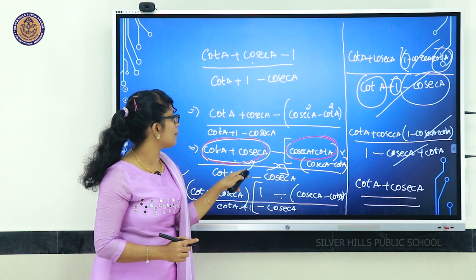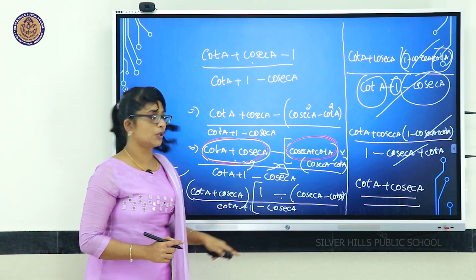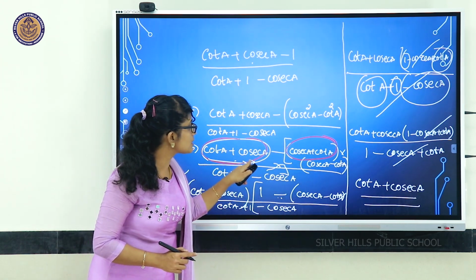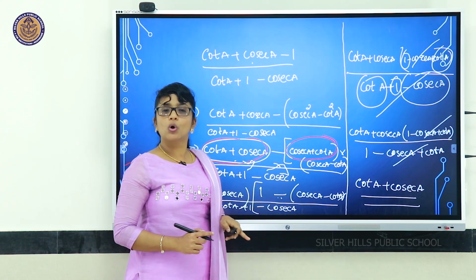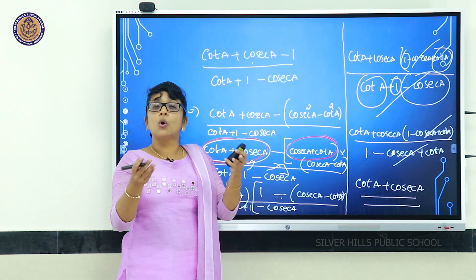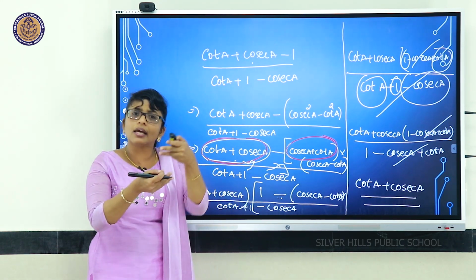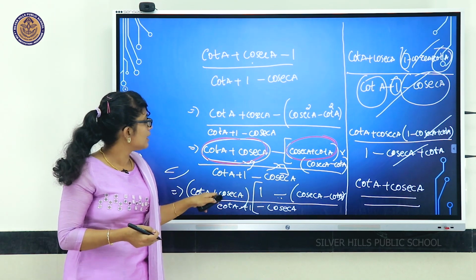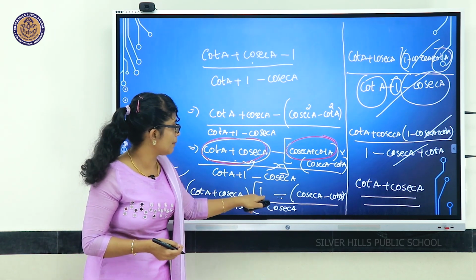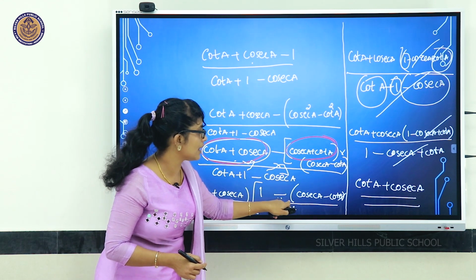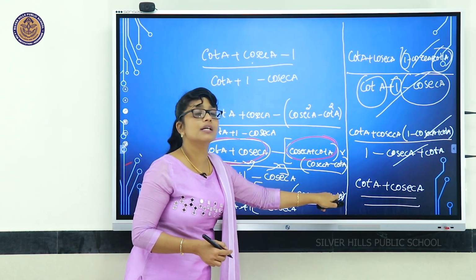In the numerator there are two terms, cot A plus cosec A and here also cot A plus cosec A. That cot A plus cosec A you can take outside, that is common. Then 1 minus, remaining here, 1 minus (cosec A minus cot A).